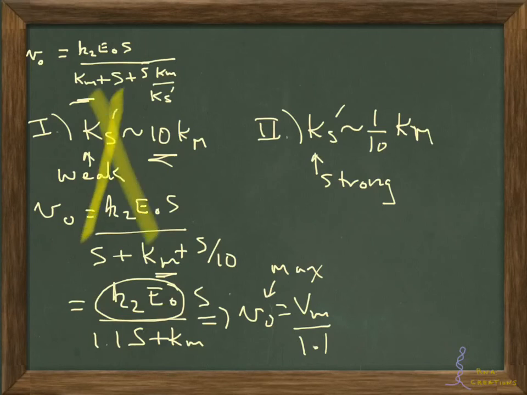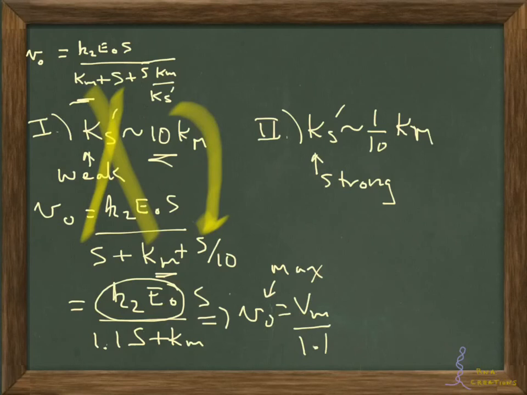Here's the S and there's the Km. And then this term here becomes S over 10. I'm just adding 0.1 S and S to give 1.1 S. Okay, gotcha. I thought it was 11. Yeah, there's other ways to skin a cat.